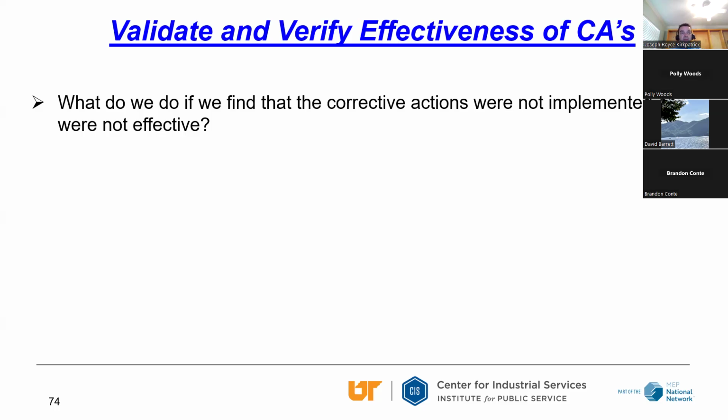What do we do if we find that the corrective actions were not implemented or they were not effective, meaning we got the same thing going on? What should we do? Anybody want to take a stab at that? What would you do if you're verifying the effectiveness of a corrective action and you find that this procedure was supposed to be updated and it's not updated?